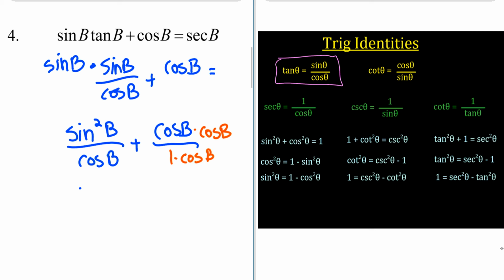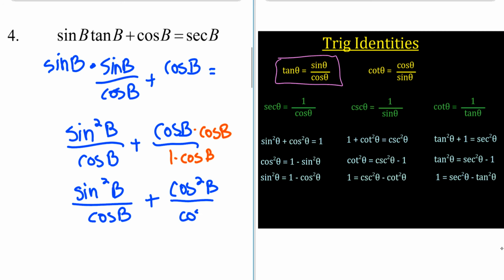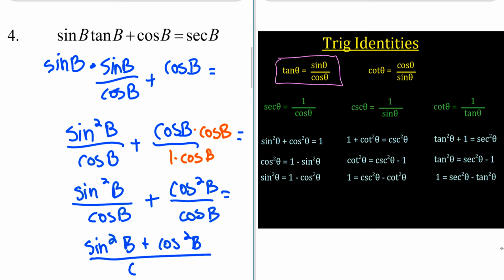So when we do that, I've got sine squared b over cosine b plus cosine times cosine is cosine squared b over cosine b. And I can combine these fractions now because they have a common denominator. Keep forgetting my equal signs there to show my next step. So this ends up being sine squared b plus cosine squared b all over cosine b.